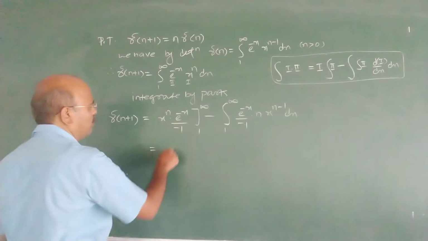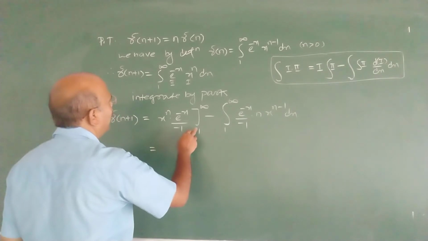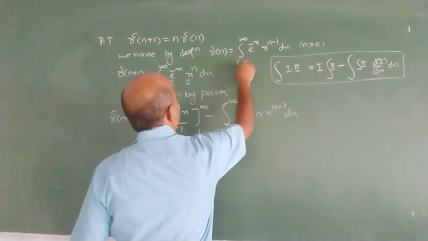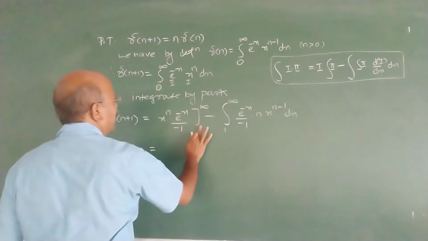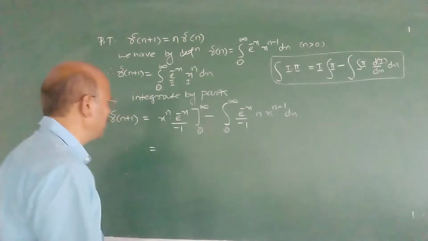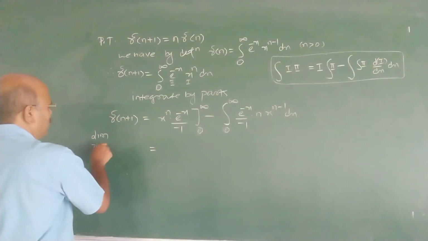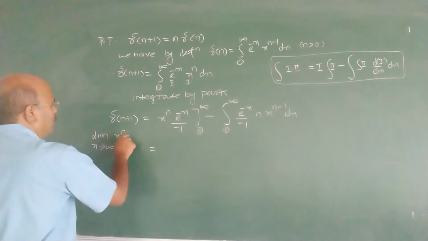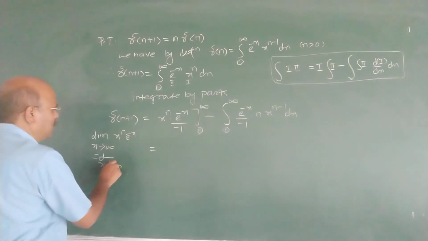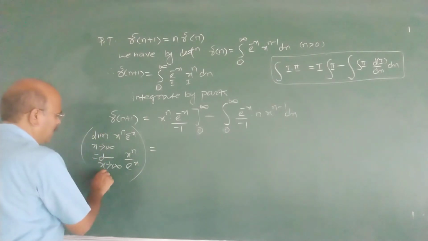Now see, this becomes 0 because of the limits. Sorry, the limits are 0 to infinity, not 1. Correct? 0 to infinity. Now, it becomes 0 because you take the limit as x tends to infinity of x raised to n times e raised to minus x, which is the limit of x raised to n by e raised to x, and this becomes 0.